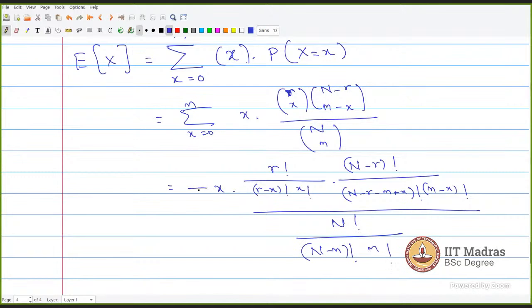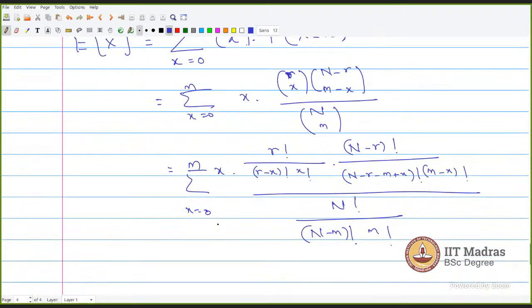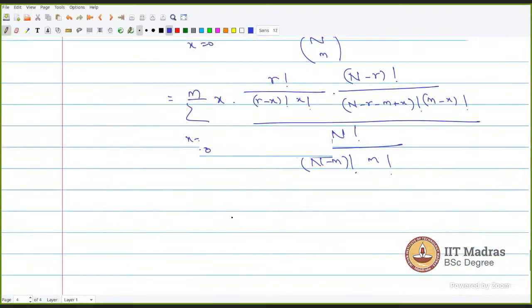So this is the summation over x equals 0 to M. So what we do is we just cancel out this, you just rearrange the things.